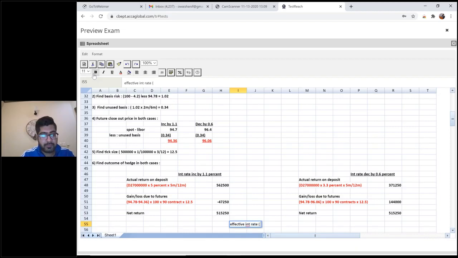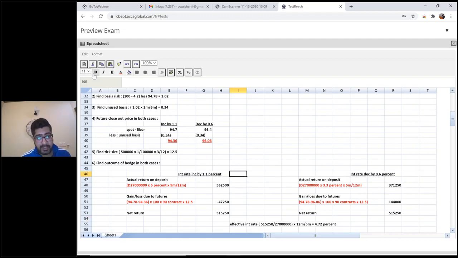Net return or cost 515250 divided by borrowed or deposit amount 27 million, into 12 months over time period of 5 months. This gives an effective rate of 4.72%. So this ends futures.